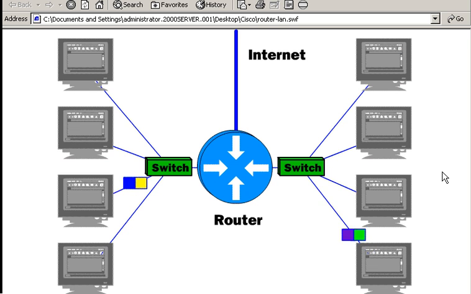Now, with all that being said, imagine having a very large network. Let's say you've got a large network with 1,000 users and they're all on the same segment. If you have a problem on the network, you're going to have to troubleshoot it in its entirety.